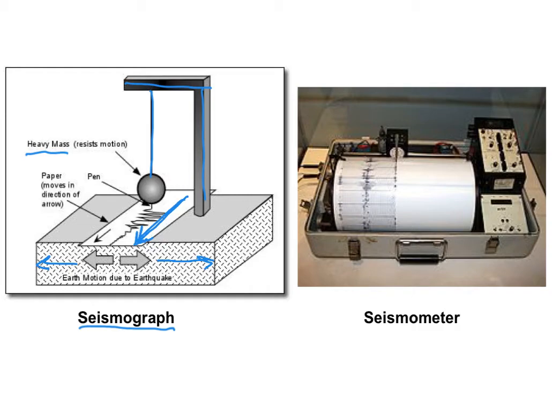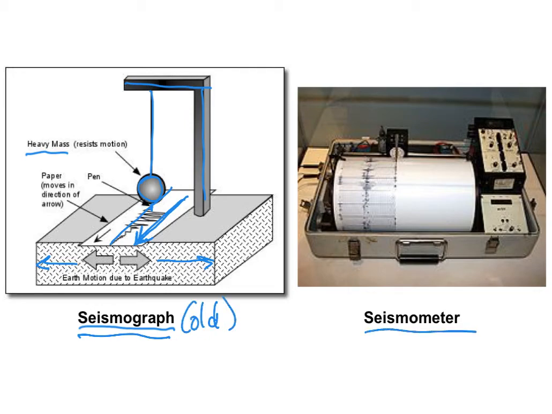And at the very base of this heavy ball is a tiny little pen, and it will scratch a line on the piece of paper as the earthquake is taking place. Now, if the earthquake isn't moving, you just end up with a nice straight line on the piece of paper, because the paper is moving and the ball isn't moving. We don't use these seismographs anymore. These are kind of old. Nowadays, we use something called a seismometer.